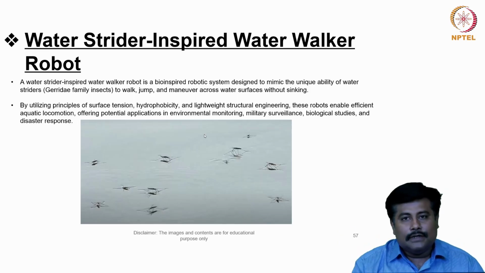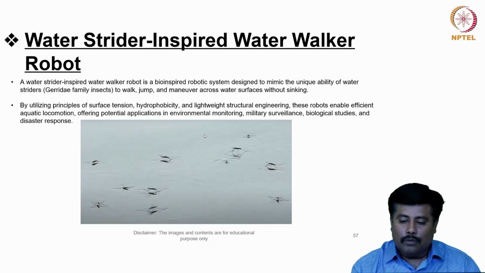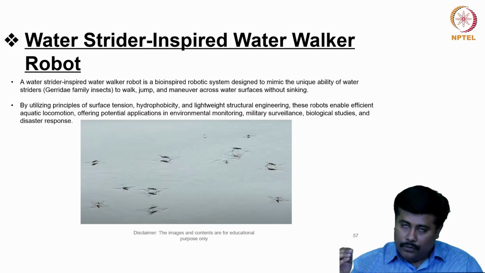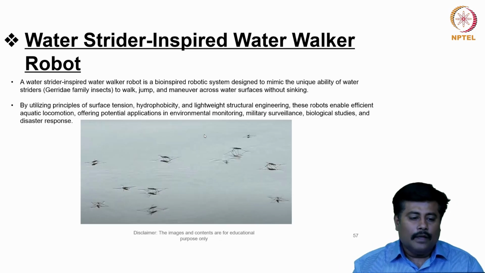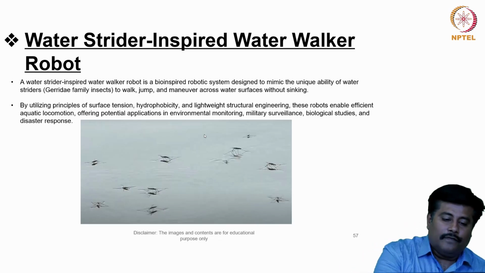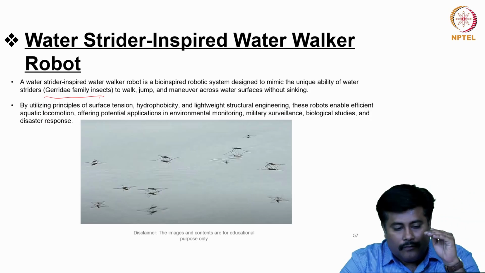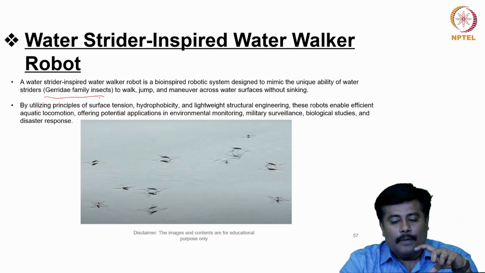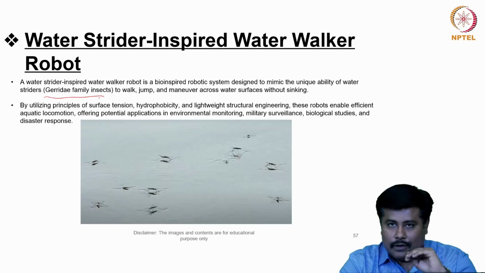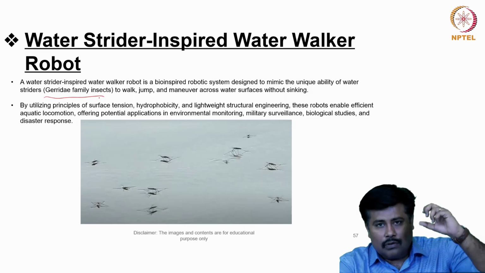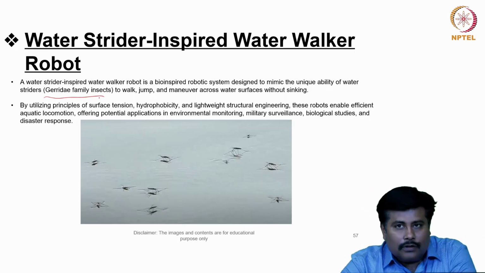The water strider inspired water walker robot is a bio-inspired robot system designed to mimic the unique ability of a water strider. Basically it comes under the Gerridae family of insects. It is mainly meant to walk, jump and maneuver across the water surface without sinking. Ideally it can stand on the water and float on the water.